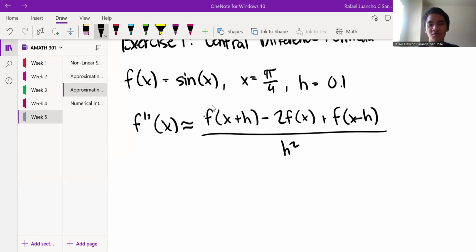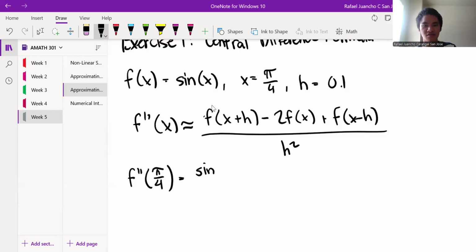So here we're going to compute the approximation at x equals pi fourth. And then we're going to compare it to the exact value. And then we're going to compute the absolute error. So doing that, let's quickly do it. So here, the approximate second derivative, if we plug it in, this is pi fourth.